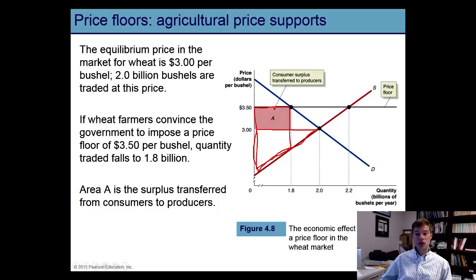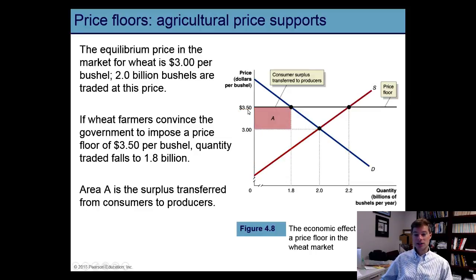Producer surplus is only obtained for units that producers actually sell to consumers, and at a price of $3.50, consumers only demand 1.8 billion bushels per year. So producers only get surplus for the area that's under the price level and above the supply curve for units that are actually sold to consumers.